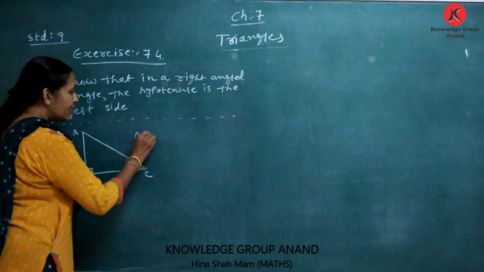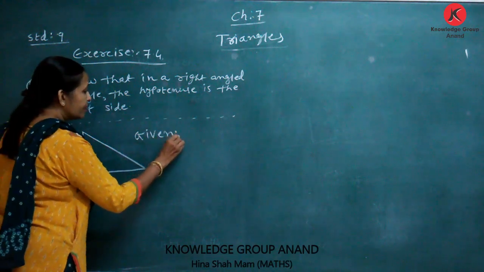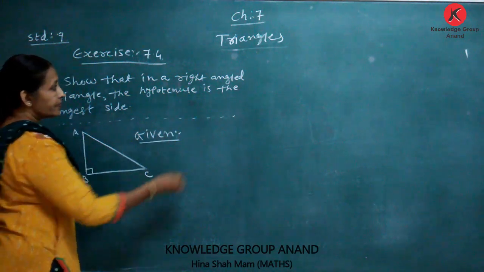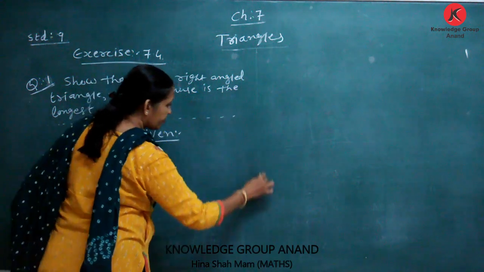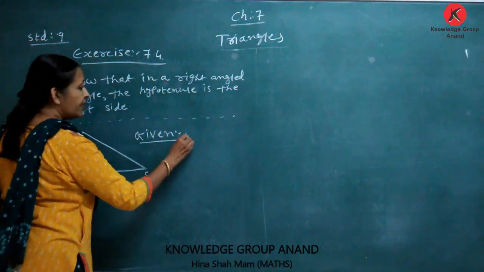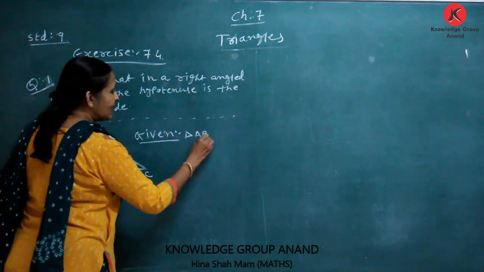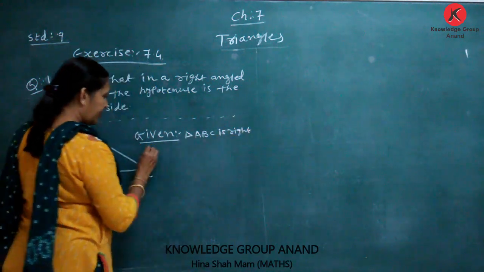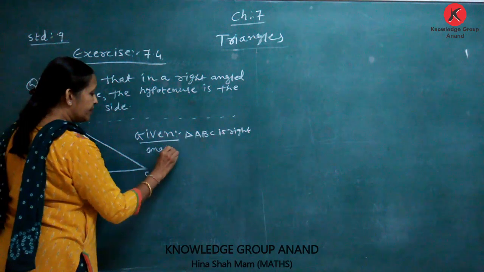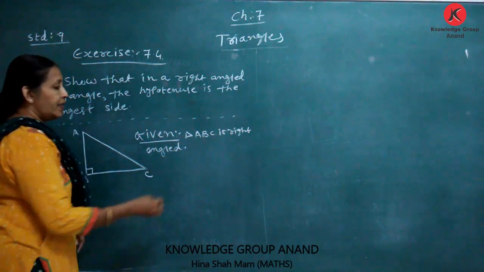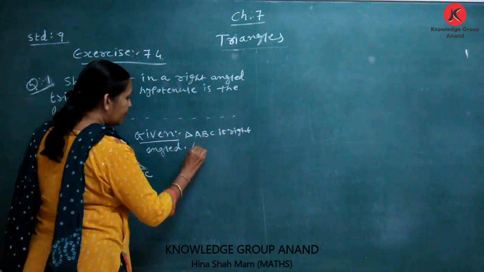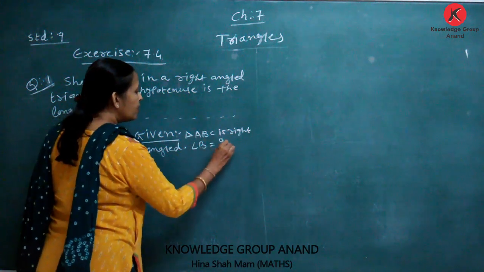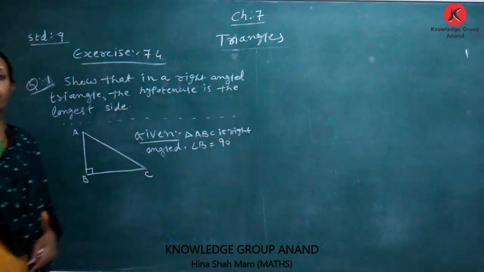We write here: given, triangle ABC is right angled, angle B is equal to 90 degrees.